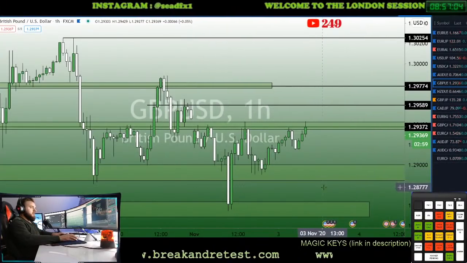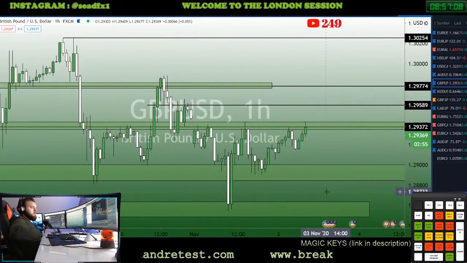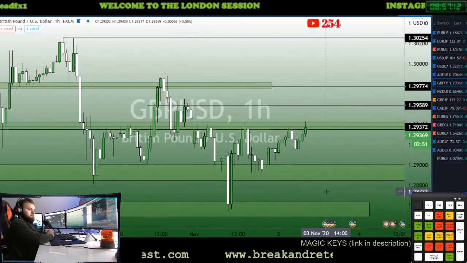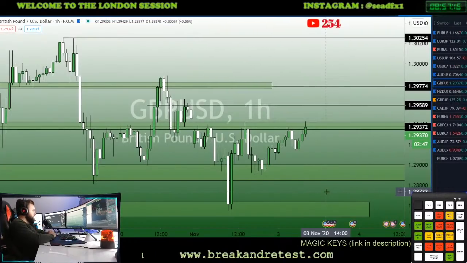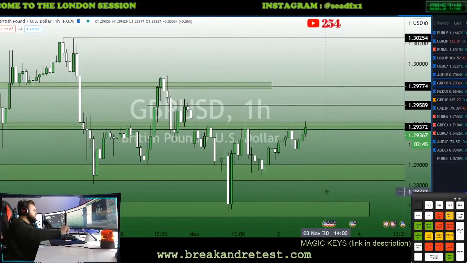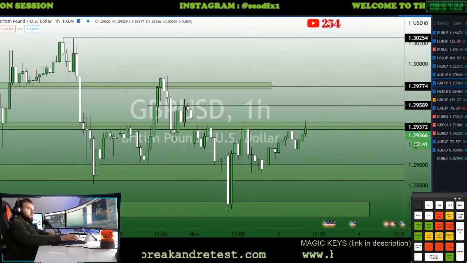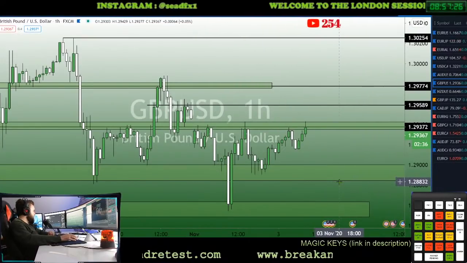Even 7-8 pips would do the work for us, but in this case the hopes are pretty low because it's not much movement right now, and we are rejecting again.